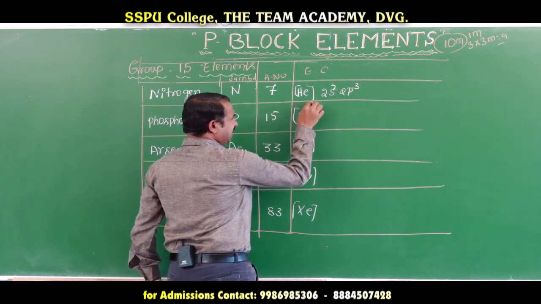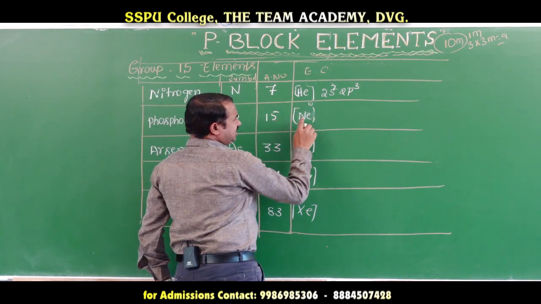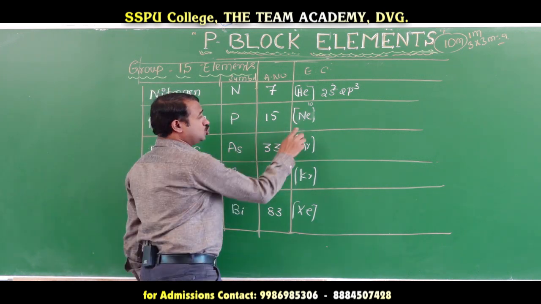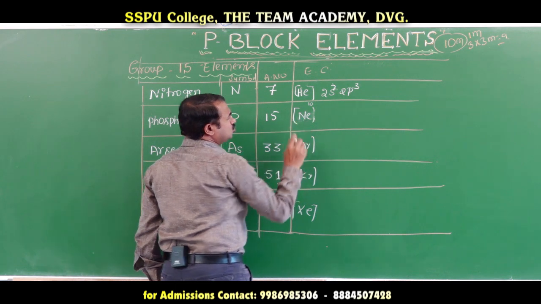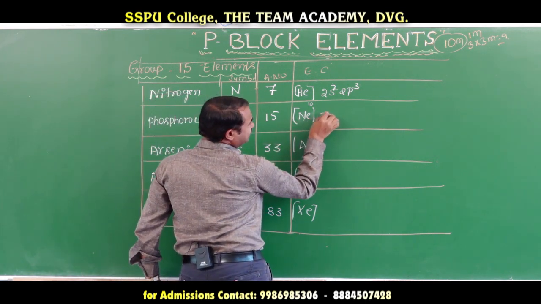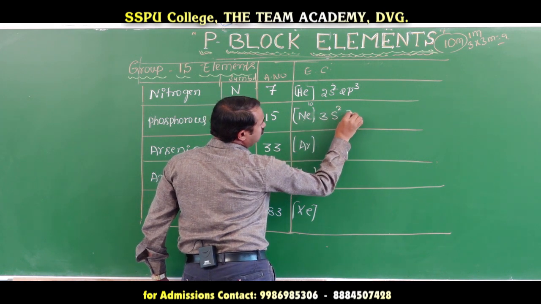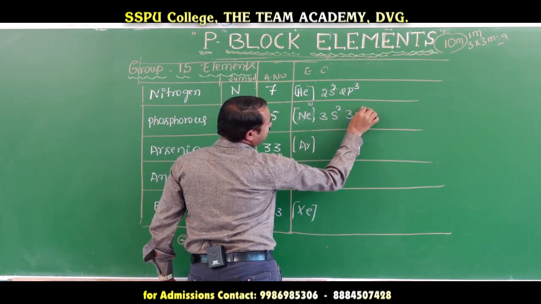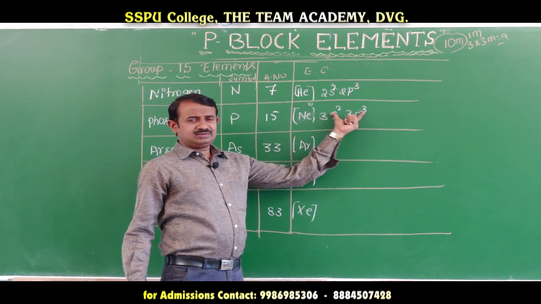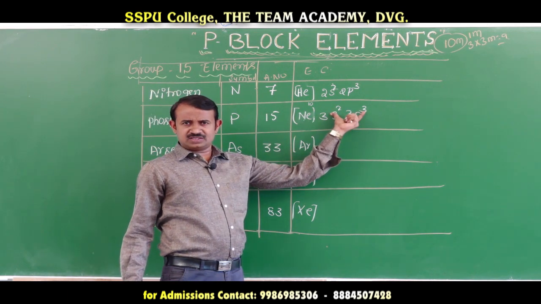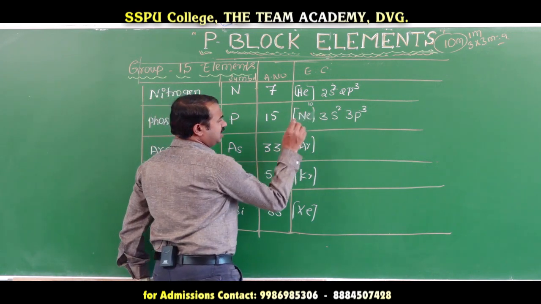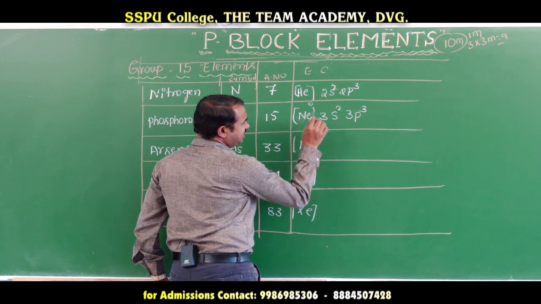Neon is 10. Next for phosphorus, neon core 10, then 3s2, 3p3: 10 plus 5, 15. Argon is 18.